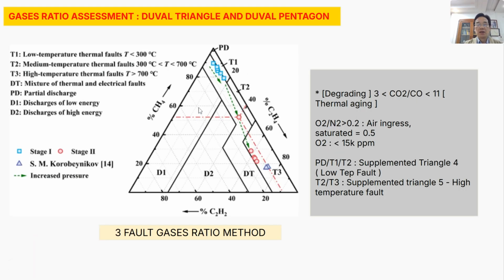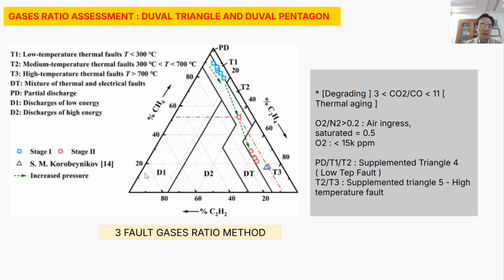We have another method, the Duval triangle. With the Duval triangle, we consider the ratio of three gases. Here we have a triangle where we consider methane CH4, ethylene C2H4, and acetylene C2H2.